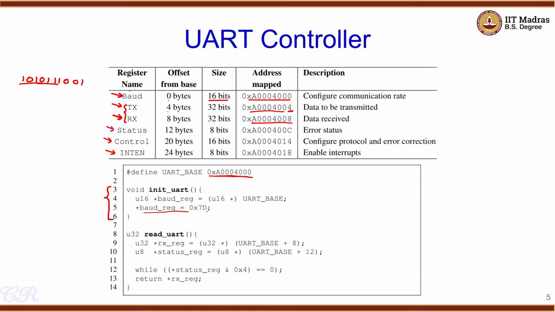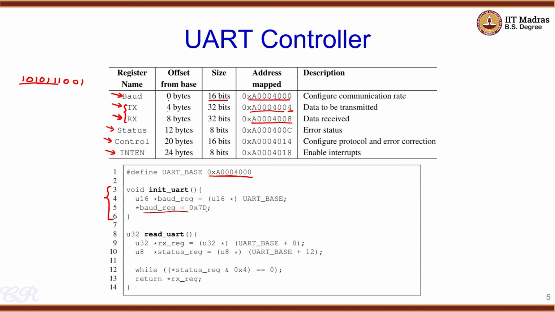So what is the implication of this? The init_UART function, which runs from the device driver of the operating system, is setting the baud rate, or the communication rate, for the UART controller, or the speed with which the UART controller has to work, right?